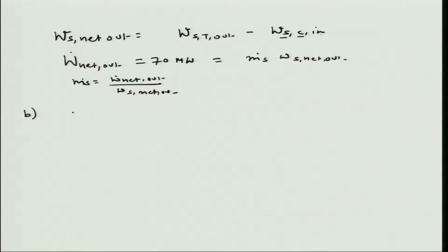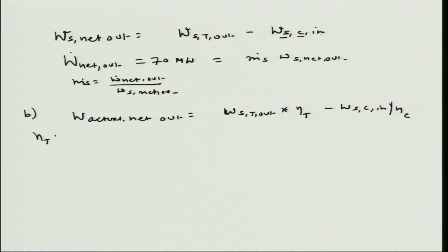In the second part, we have to consider the isentropic efficiency of compressor and turbine, that is 85%. So we can calculate the W actual net out, which is going to be WS turbine out multiplied by eta of turbine minus WS of compressor in divided by eta isentropic of C, because you remember that we have discussed eta of T is WA by WS and eta of C is WS by WA, hence this expression will come.